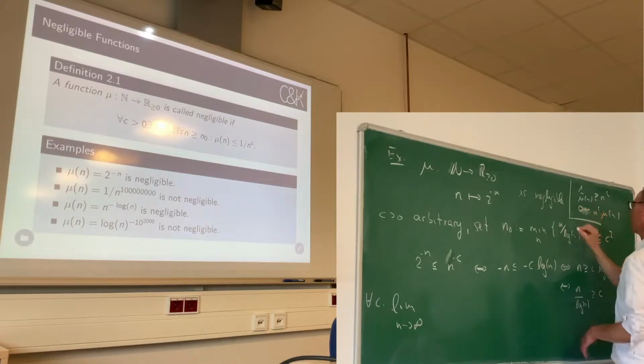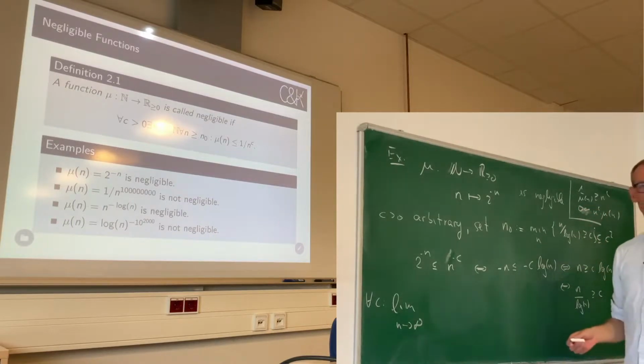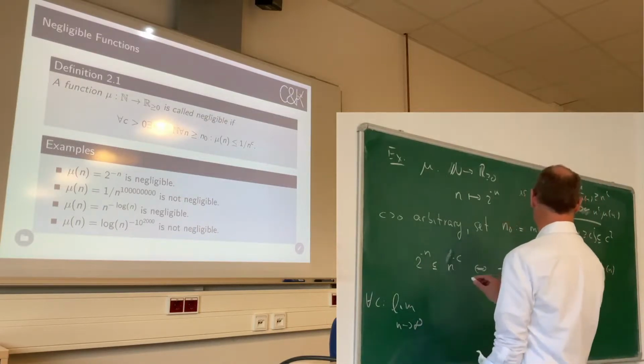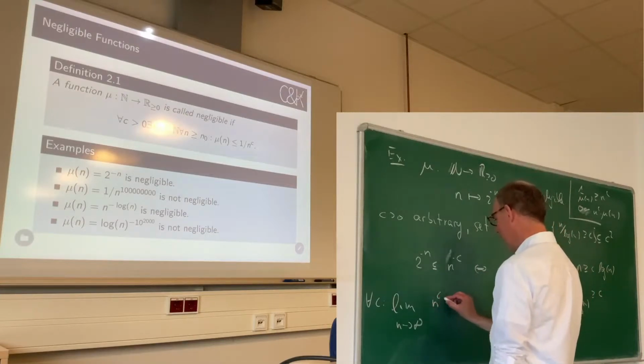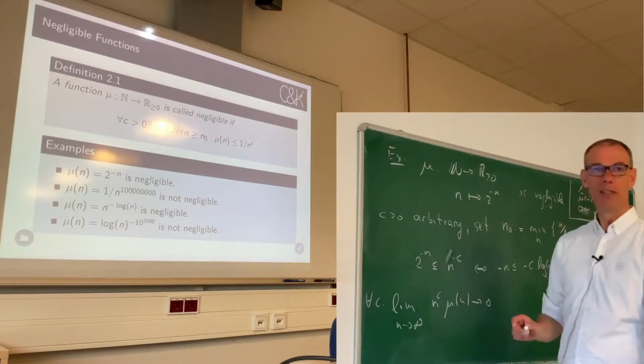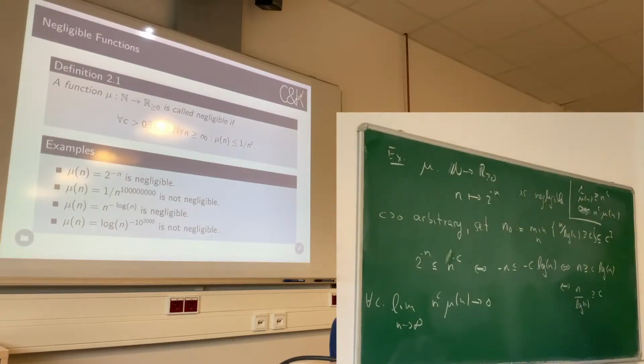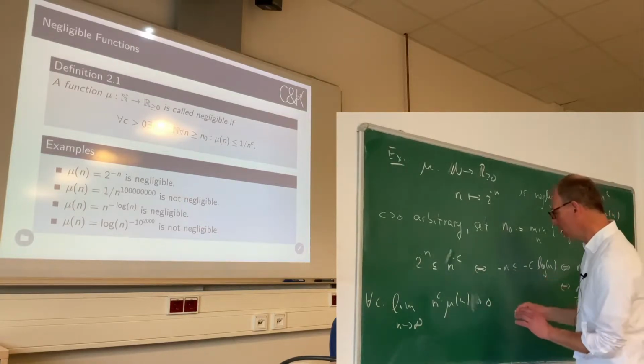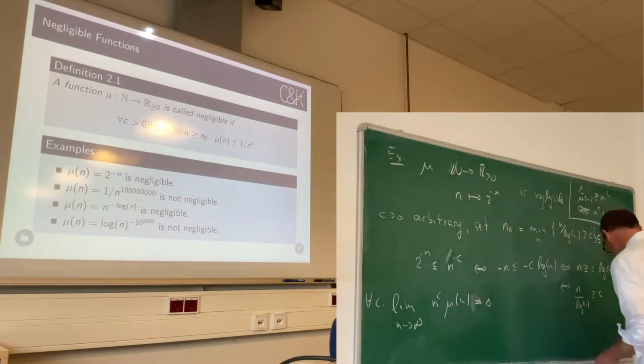So the real thing is n to the c times mu of n should go to 0. This is the way we want it. Should be 0, so equality. This is 0.